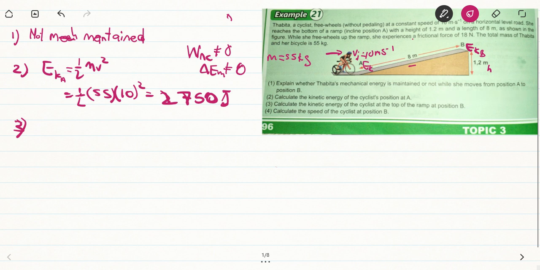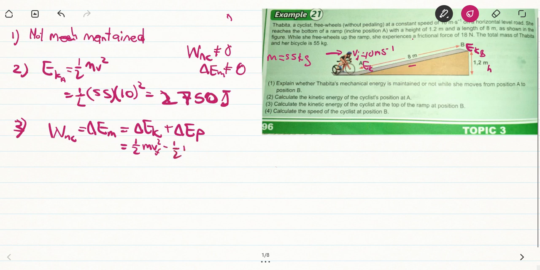We will have to use the equation W_nc is equal to delta EM, and this is equal to delta EK plus delta EP, which is equal to 1 over 2 mv squared final minus 1 over 2 mv squared initial.